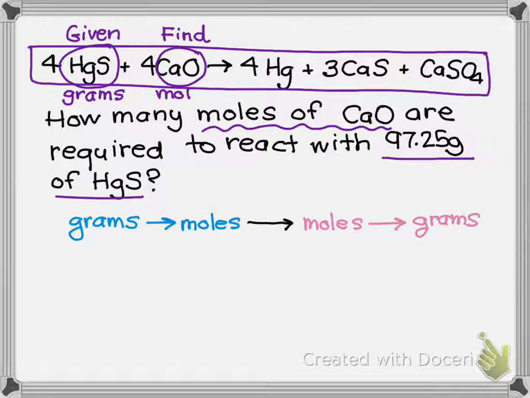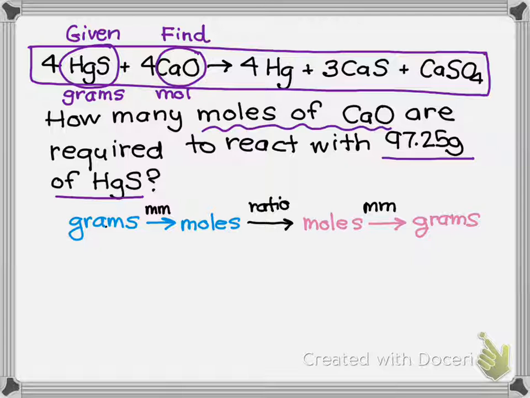Now in this process, it's always kind of similar. To go from grams to moles, we need the molar mass. To go from moles to moles, we need the ratio. And to go from moles to grams, we need the molar mass. So there's a total possible of 3 steps. But you have to look at what you're given to know the steps you want.